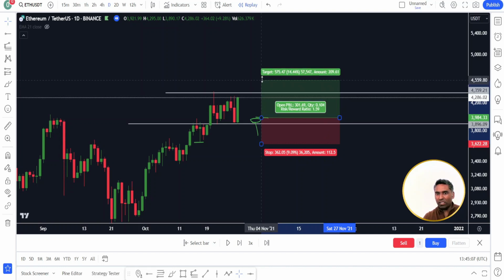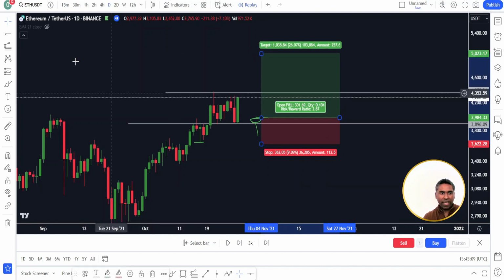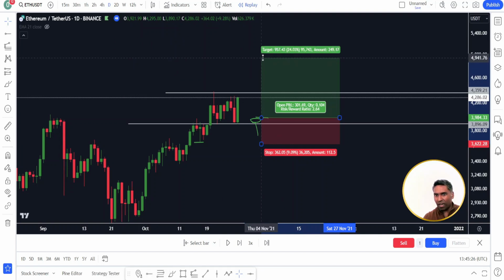Now, it's an uptrend, so we will put the first TP around this level, which is 4340 or 50. So we will put the first TP around this level, and the second TP we will put at 2R or 3R. Let's see, we put it at 2R this time.